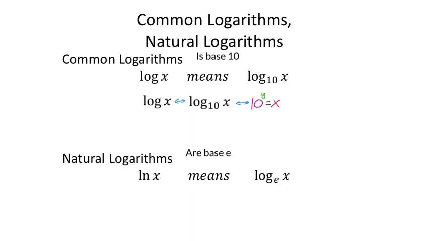Natural logarithms, so again, it's an ln. I assume that has something to do with Latin, because I think it'd be logarithm natural or something like that. I'm not going to pretend like I know that though. So if you see this ln x, this reads the natural log of x. Now, is it always going to be an x?